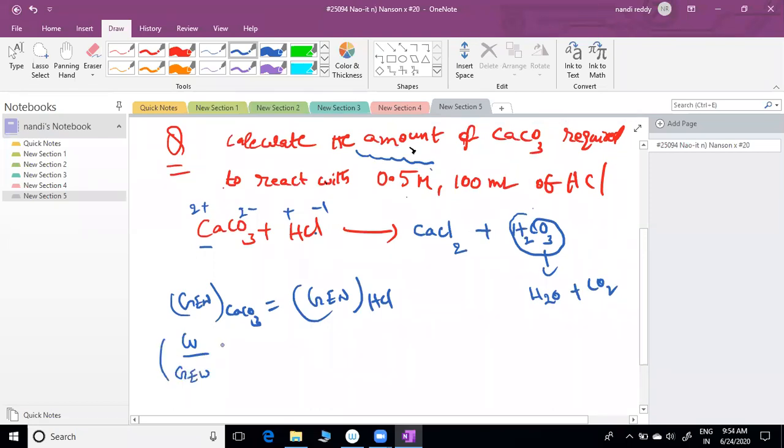Is it correct? Equal to. Here they have given molarity and volume. What is the gram equivalent number in terms of volume and molarity? You have to convert molarity into normality first, because we have a formula: normality into volume. This is in liters.